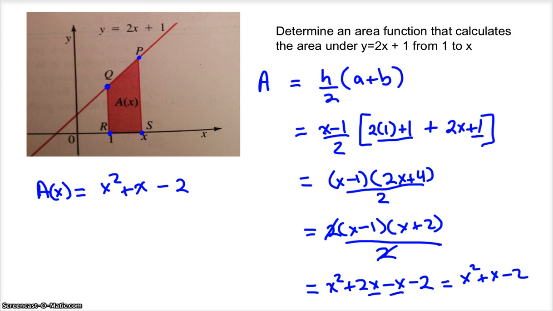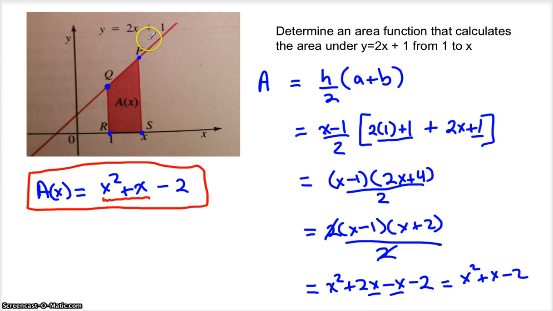So let's look closely at this expression here and focus in on this part here, x squared plus x. If we go back up to the original here, we have the line y equals 2x plus 1. The antiderivative of 2x is x squared, and we have that here in our expression. And the antiderivative of 1 is x, and we also have that.